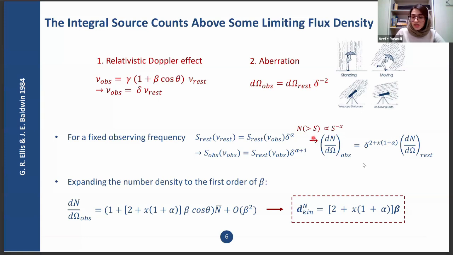By extending this relation up to the first order of theta, we can find the well-known Ellis-Baldwin formula, and we can use this kinematic dipole to test the previous assumption about the rest frame of the larger scale structure and the CMB dipole. Here, x and alpha are two important components that can be derived using the flux density threshold of our catalog.